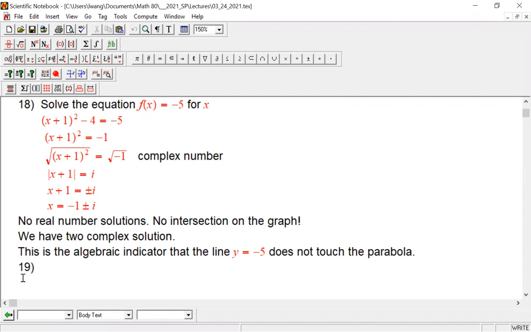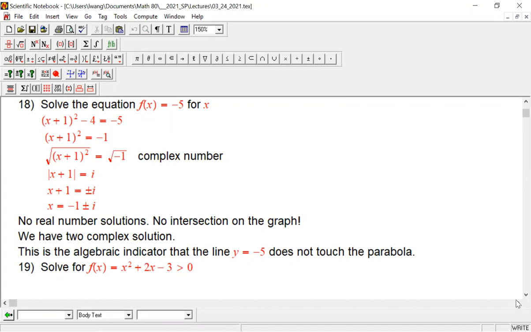Number 19 says solve for f of x equals x squared plus 2x minus 3 greater than 0.